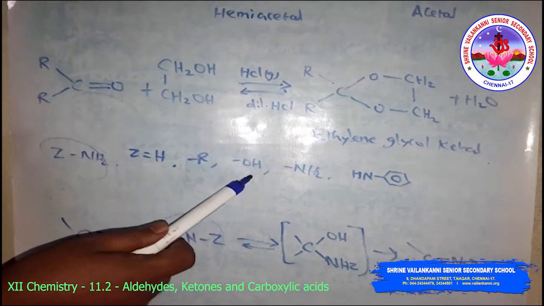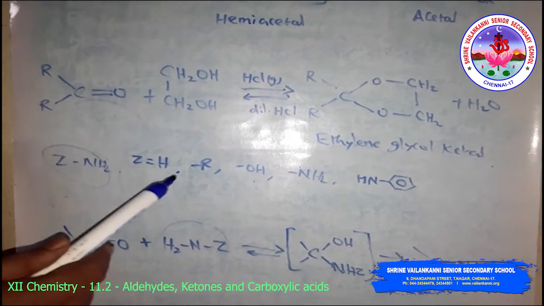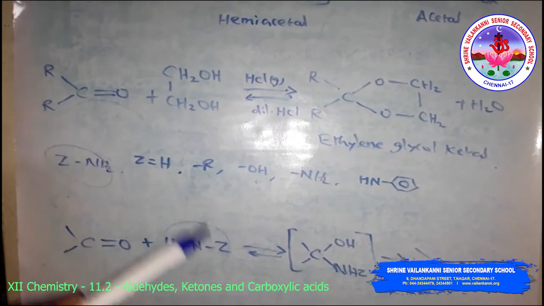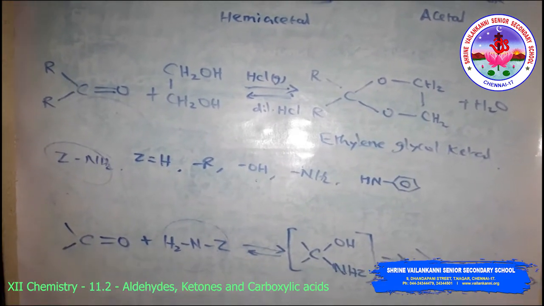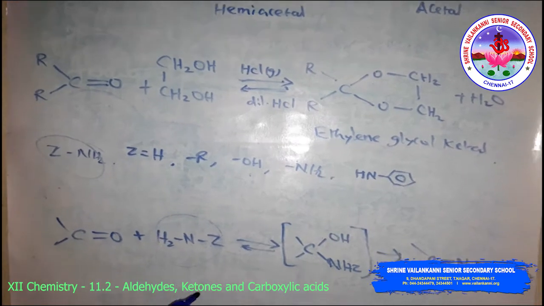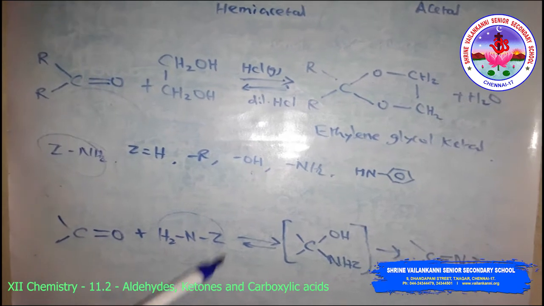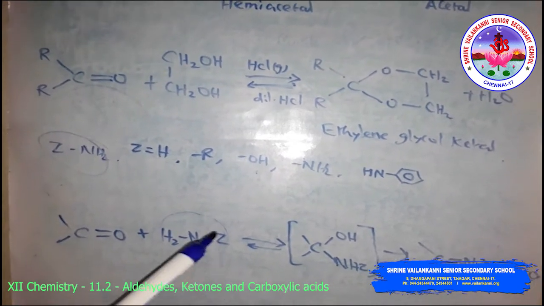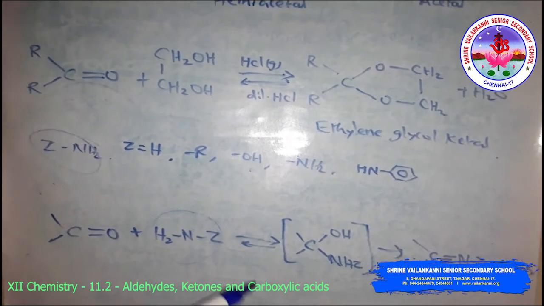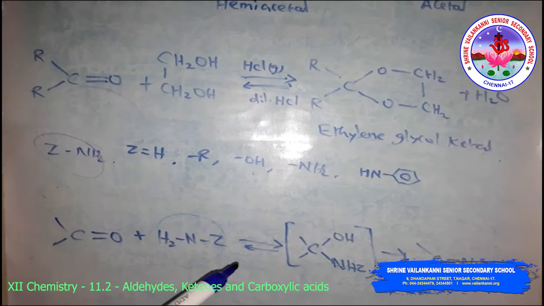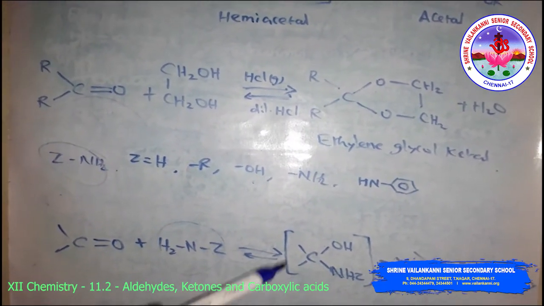Reacting with hydroxylamine, because Z is an N-substituted derivative, gives an oxime. Reacting with hydrazine forms hydrazone, with phenylhydrazine forms phenylhydrazone, with 2,4-dinitrophenylhydrazine forms 2,4-dinitrophenylhydrazone, and similarly semicarbazide forms semicarbazone.